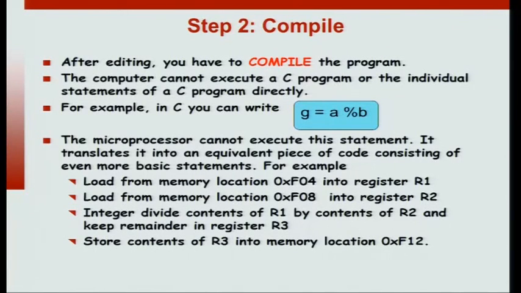But a statement like G = A%B can be translated into a bunch of statements saying load data from a particular memory location into a particular register, load the second piece of data from another memory location into the second register, divide the contents of these two registers, store the remainder in a third register, okay, and then finally take the result and store it into a third memory location. So the simple statement that we wrote, G = A%B or G equal to A modulo B, becomes a bunch of basic statements that the microprocessor can understand, and then it executes these statements.